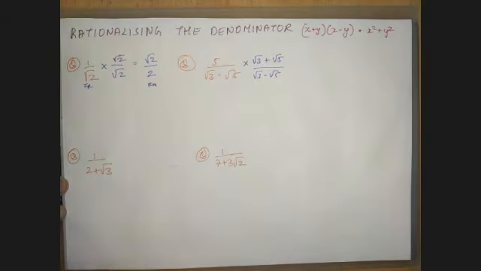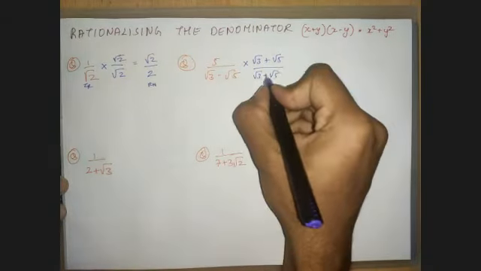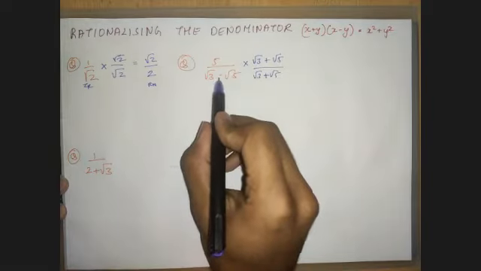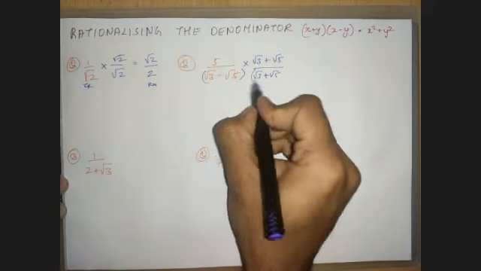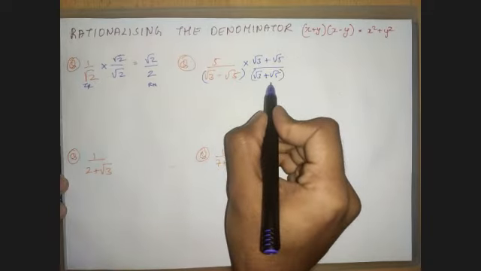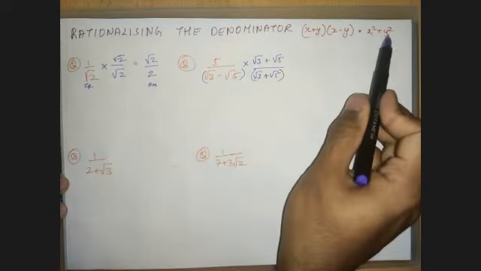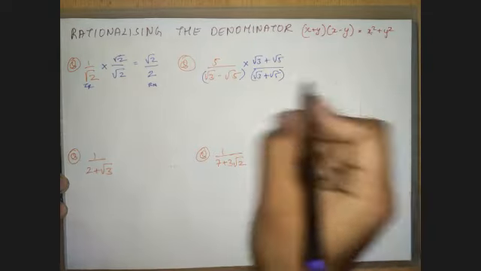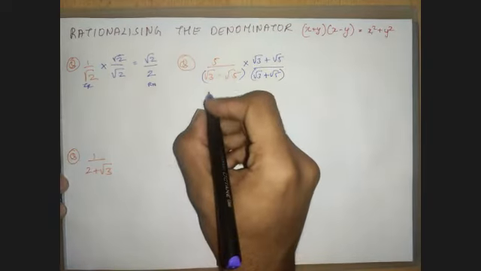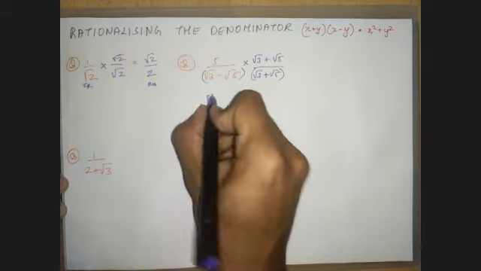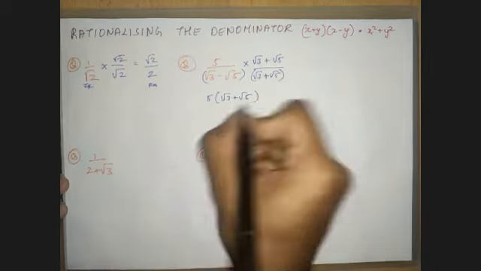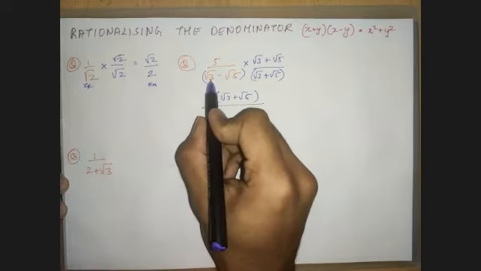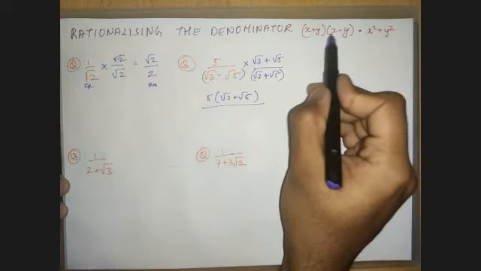So that is why I make it in the form of x plus y into x minus y. Do you understand? So I get x square minus y square, which becomes rationalized. So now what happens here is I get 5 into root 3 plus root 5 in the numerator, divided by, this is in the form of x plus y into x minus y.